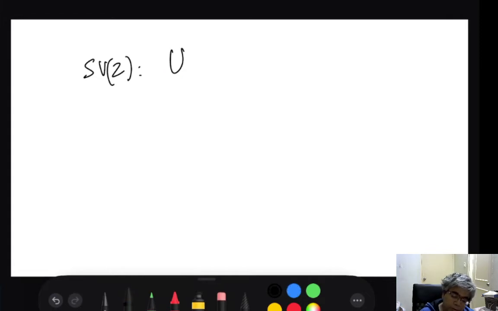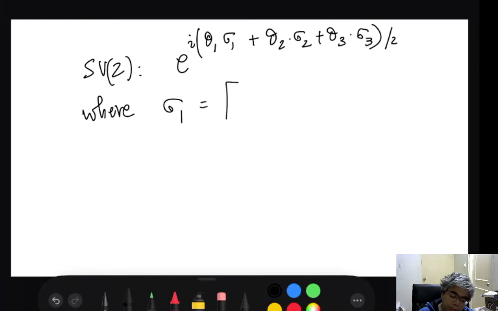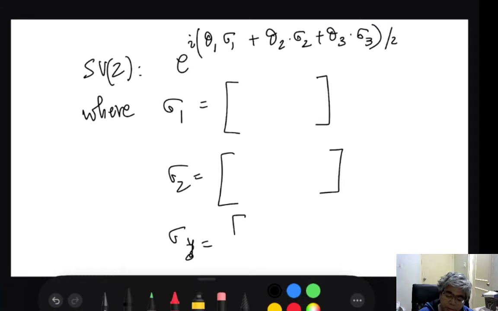Every SU2 element can be represented as e power i theta 1 times sigma 1 by 2, theta 2 times sigma 2 by 2, theta 3 times sigma 3 by 2, where sigma 1 is equal to the Pauli matrix X, sigma 2 is equal to the Pauli matrix Y, and sigma 3 is, okay, 1 0 0.